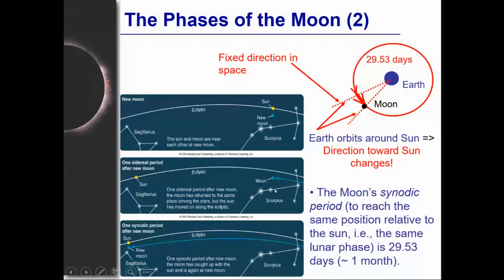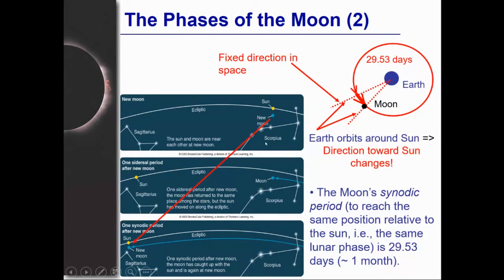Okay, you look at where it's coming, and this is basically one full revolution. This is what we call the sidereal period of the moon, and it takes 27.32 days.